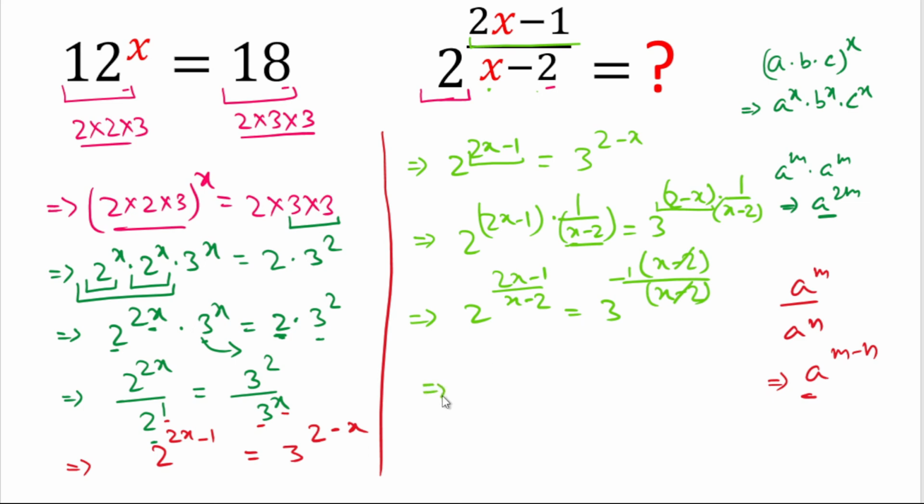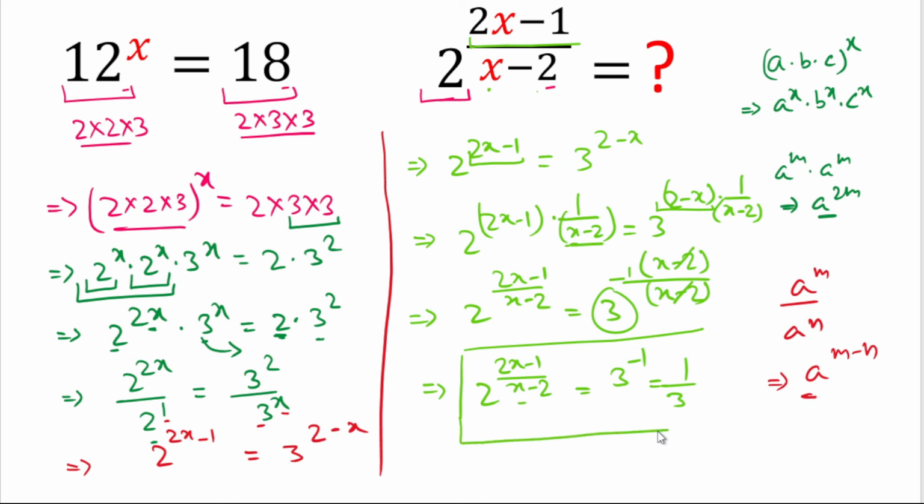So we can write 2 to the power 2x minus 1 divided by x minus 2 is equal to 3 to the power minus 1, and this we can write as 1 over 3. So the value of 2 to the power 2x minus 1 divided by x minus 2 is equal to 1 over 3.